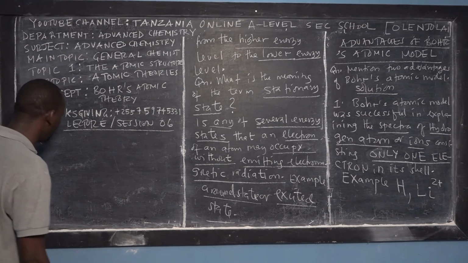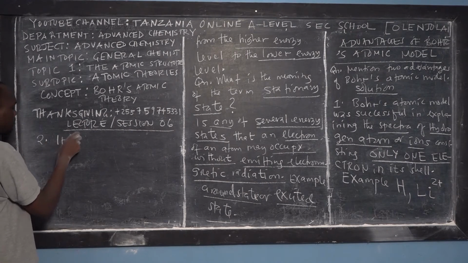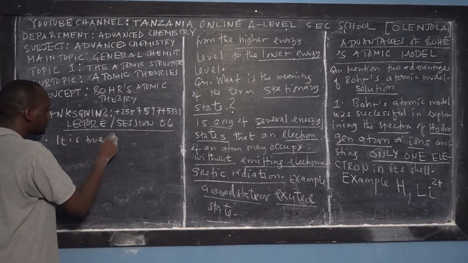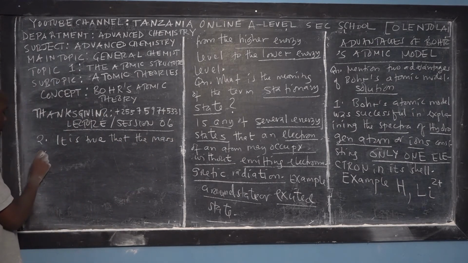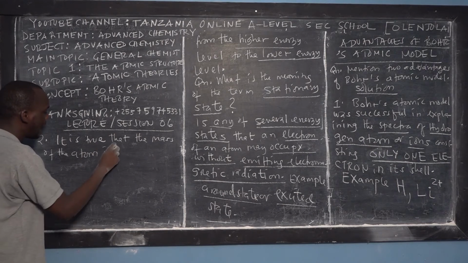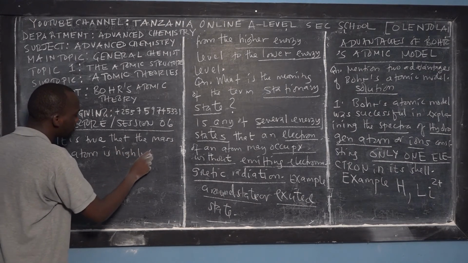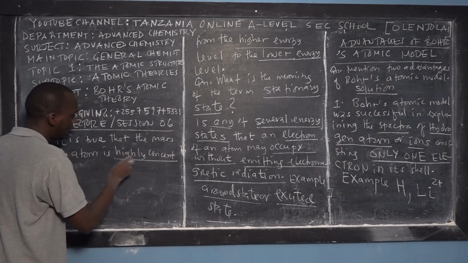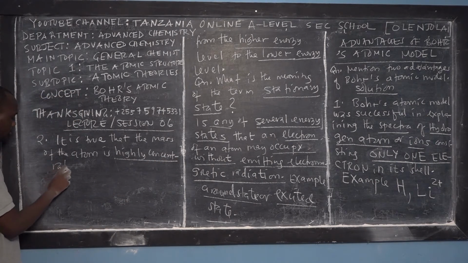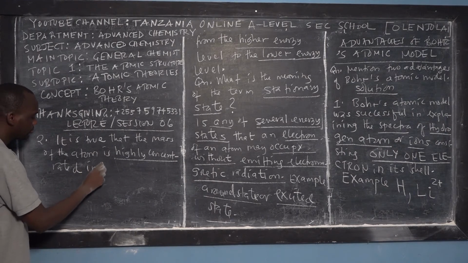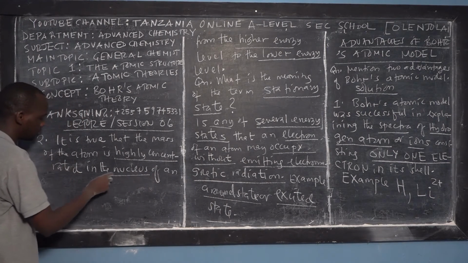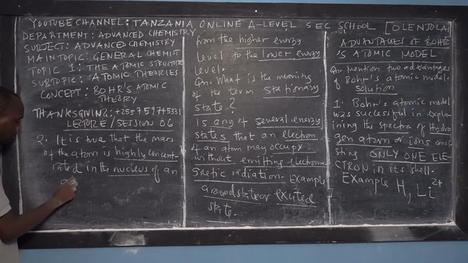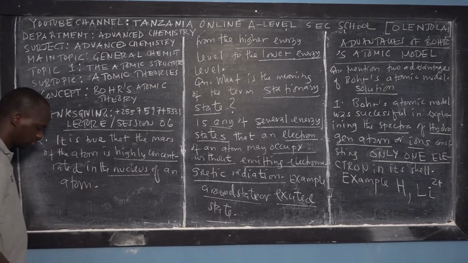So Bohr's now confirmed it is true that the mass of the atom is highly concentrated in the nucleus of an atom. The nucleus of an atom. It is true, okay, of an atom.